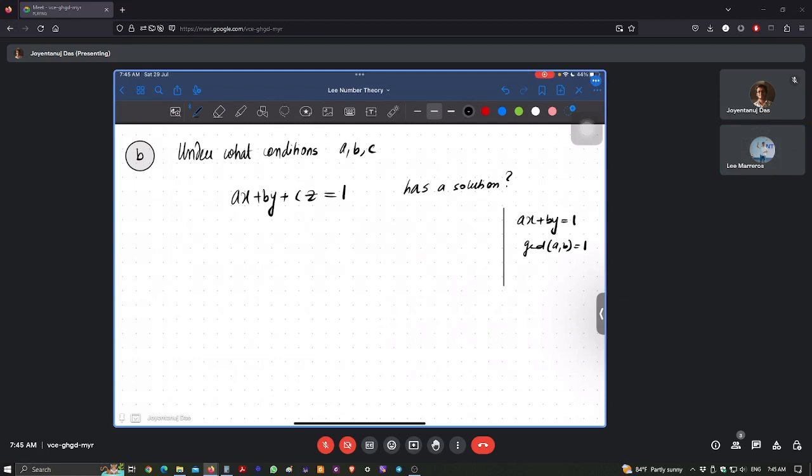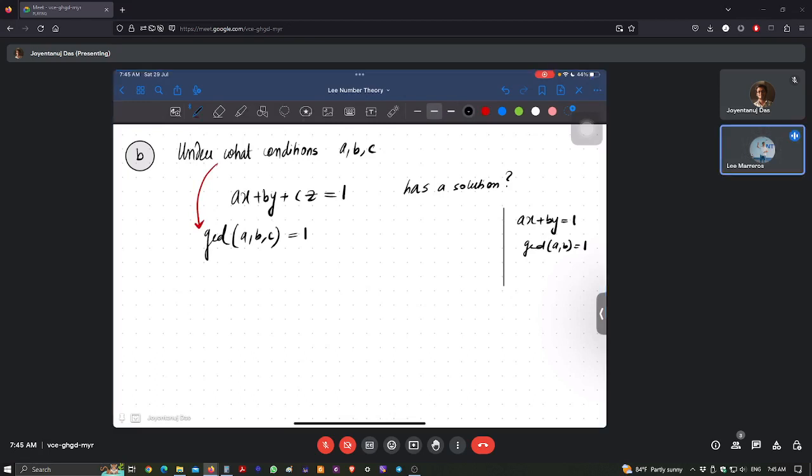Try to prove that. So the condition is that the GCD of a, b, and c is 1.